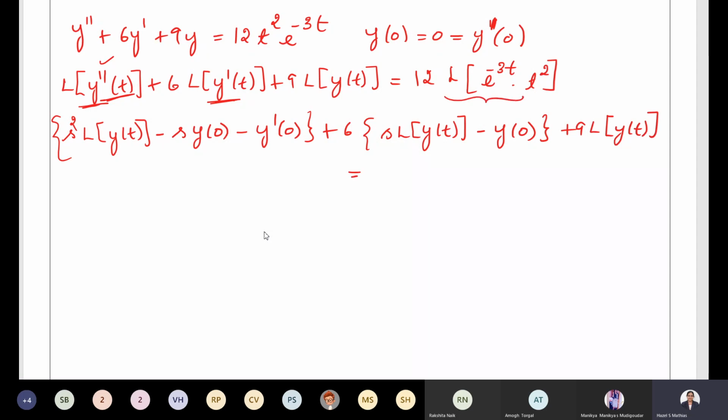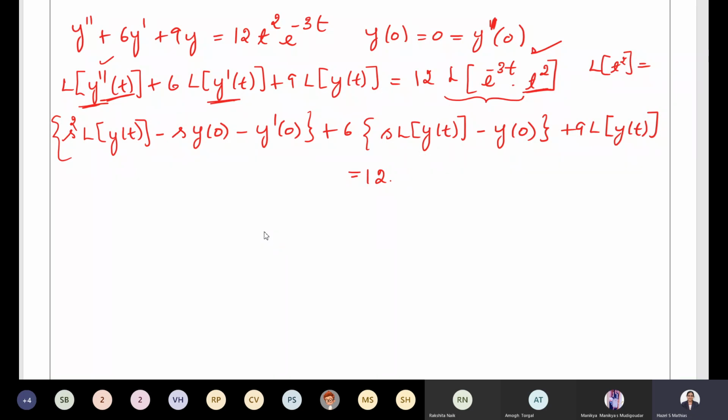What is the Laplace transform of this? 12 into, how to find? See, you can use the first as well as the second property we have discussed in Laplace transform. First property, e power minus at into f of t. That time we find the Laplace transform of this t square. What is the Laplace transform of t square? Anybody remember?